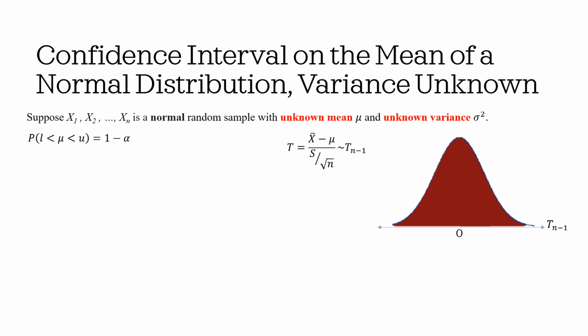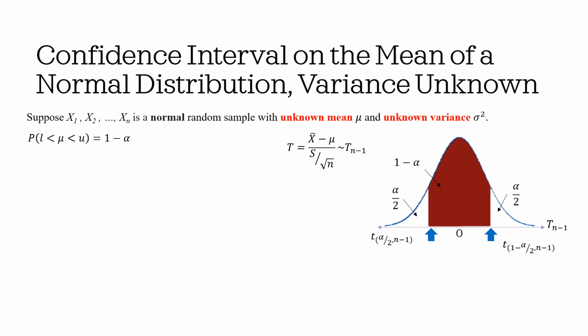To build the confidence interval, we will push half alphas to each tail of this distribution. Given that the area under any probability density function is equal to 1, the red area in the middle of the PDF should be equal to 1 minus alpha. The corresponding t-values should be t of half alpha with n minus 1 degrees of freedom and t of 1 minus half alpha with n minus 1 degrees of freedom.